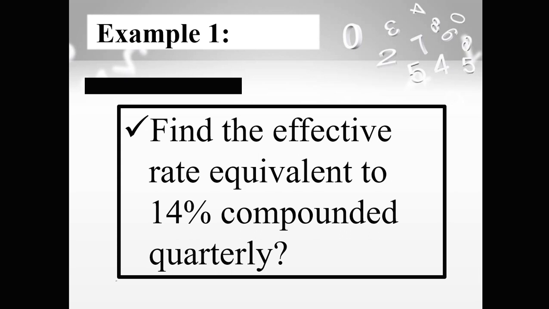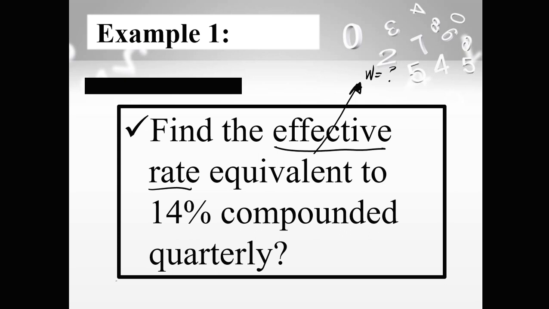So, nandiyan na, nakalagay kung ano ang kailangan nating hanapin. Hahanapin daw po natin si effective rate. And effective rate is represented by what letter? It is represented by letter W. So, yun po ang hahanapin natin.